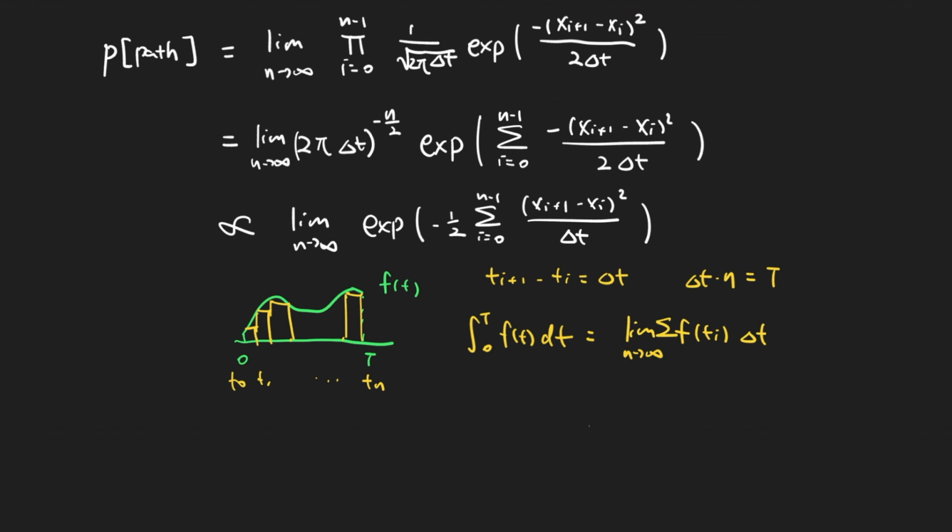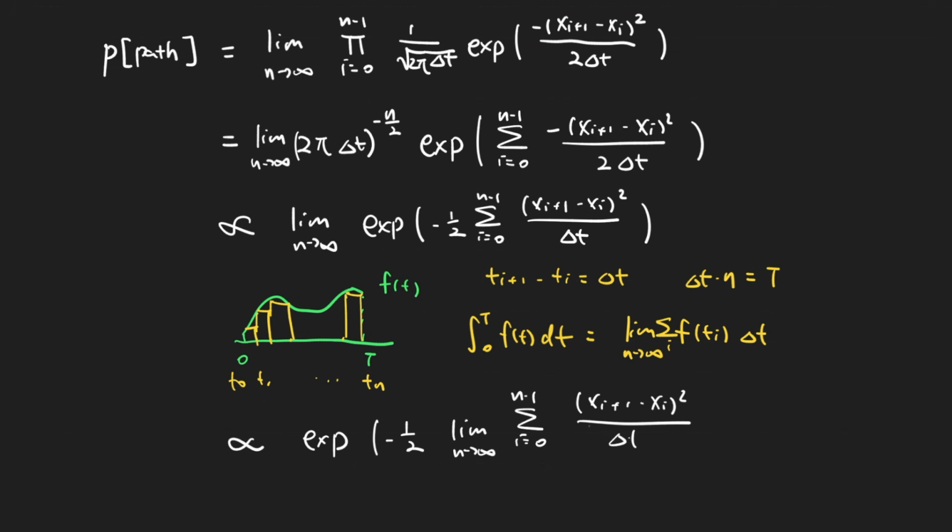This is a Riemann integral formula. We can just match the form and replace the sum with an integral. Then we will have (x_{i+1} minus x_i) over delta t, squared, then multiply by delta t, so it matches the form.